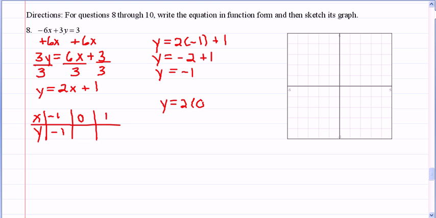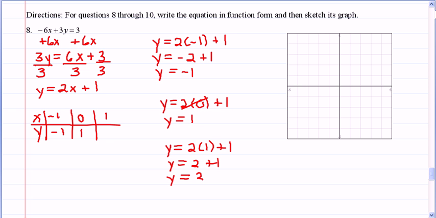So 2 times 0 plus 1. 2 times 0 is 0, and we're left with just the number 1. And then we substitute in 1. 2 times 1 plus 1. So our 3 points are -1, -1, 0, 1, and 1, 3.